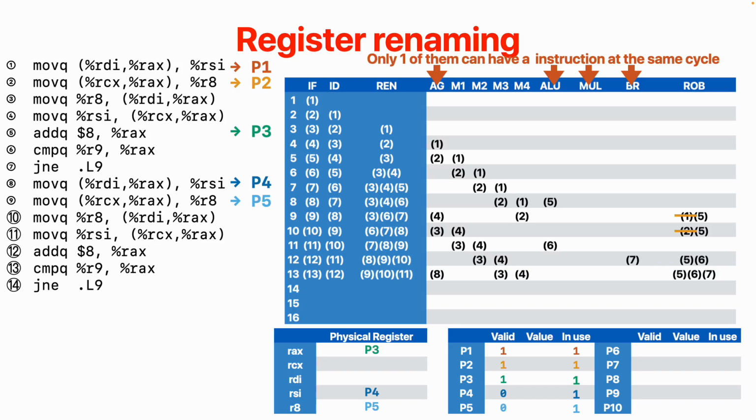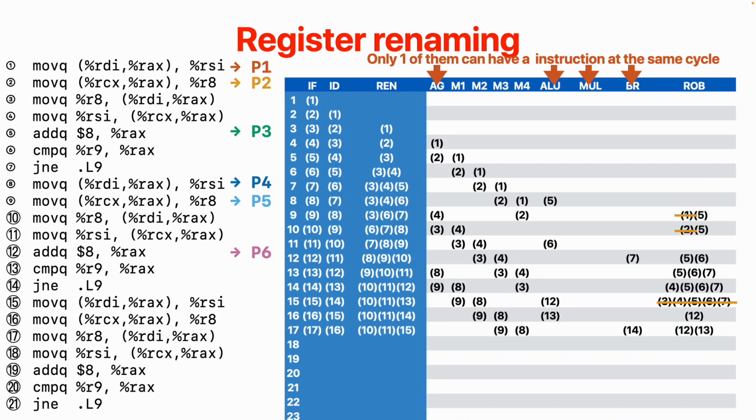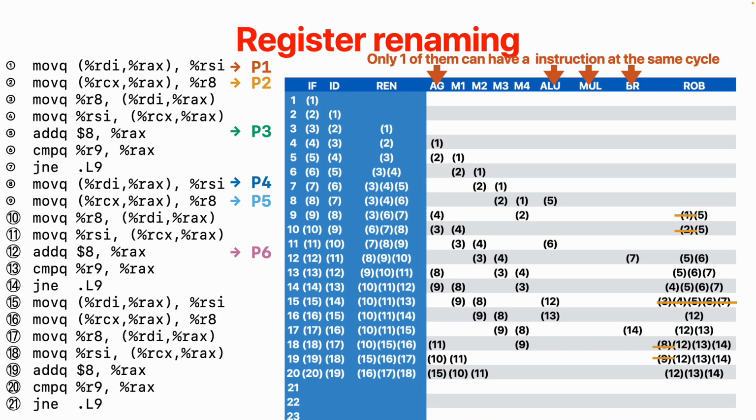If you go forward in this pipeline diagram, you will figure out its efficiency is actually pretty good. Although I do have some slots wasted for the address generation, almost every cycle I'm putting a new instruction into execution.